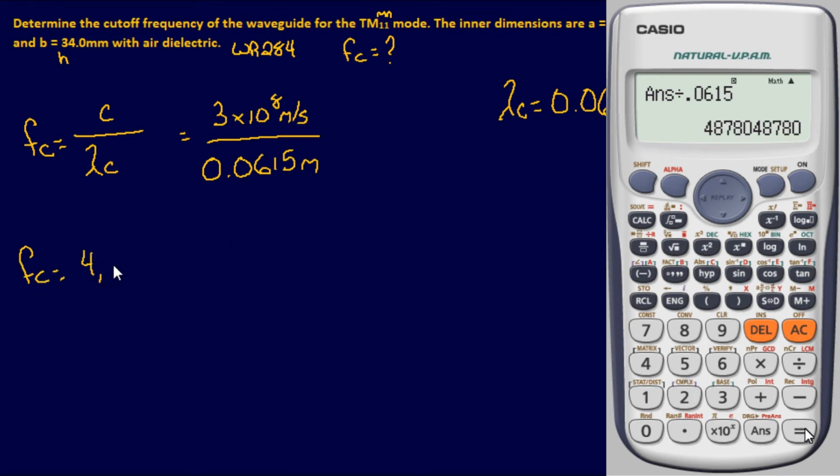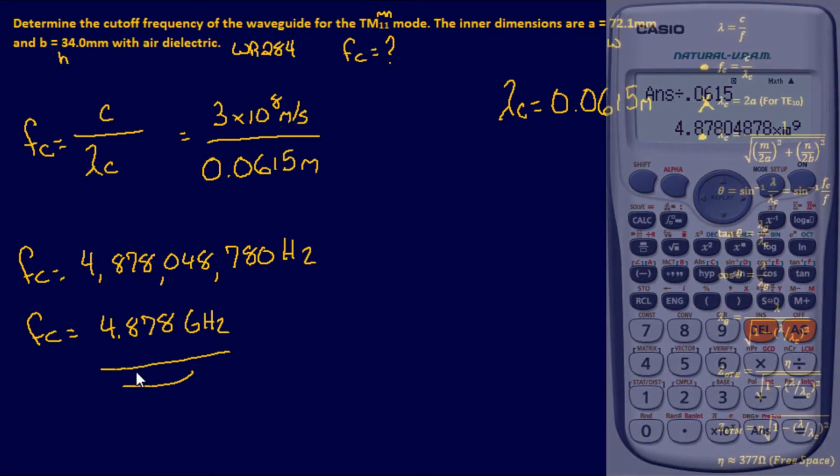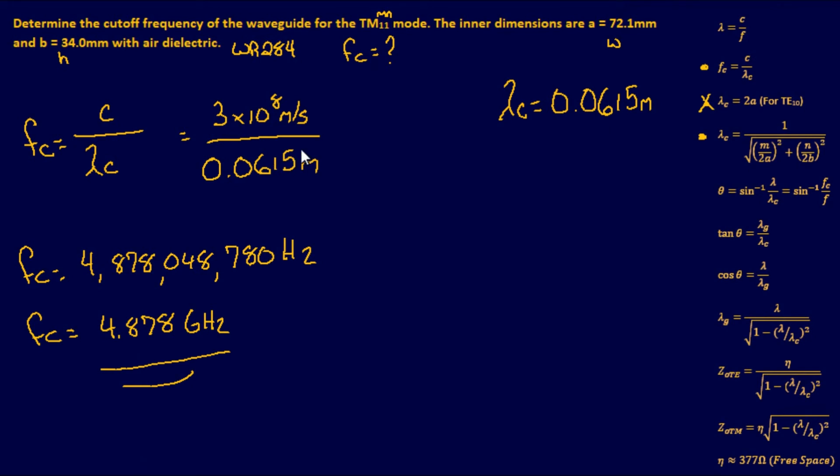So it's 4,878,048,780 hertz. And we'll see if we can make it engineering notation. So it's going to be 4.878 gigahertz. And that is your cutoff frequency for this waveguide. Let's jump into our next example.